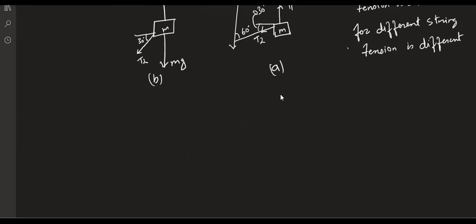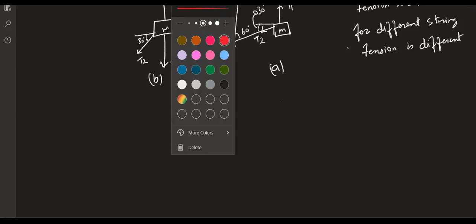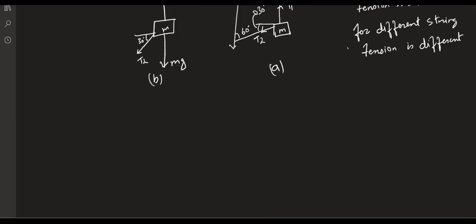Now T2 you can resolve into components. This is T2y and this is T2x. Right, everyone? Yes or no?